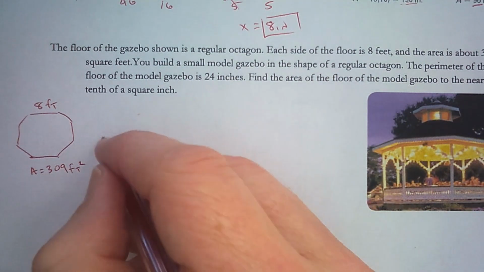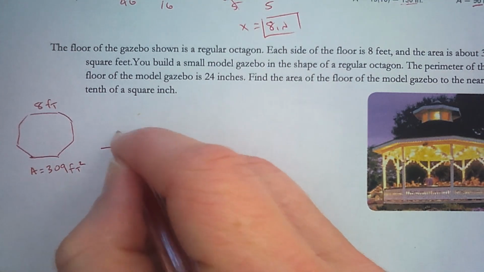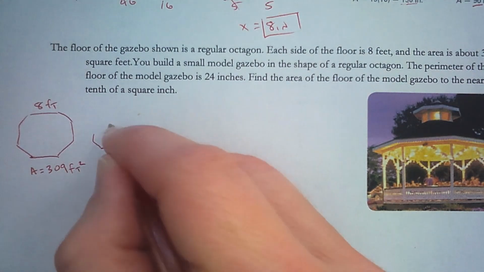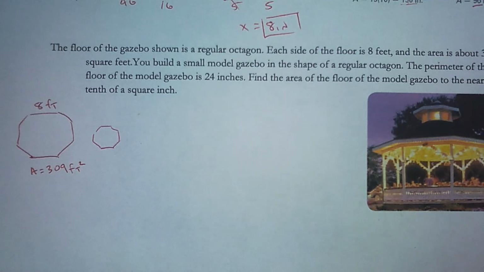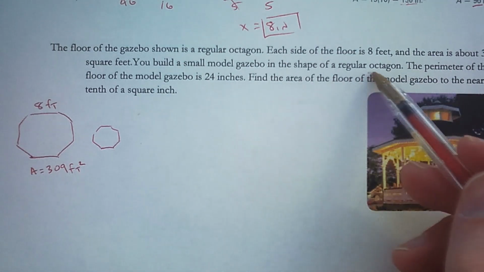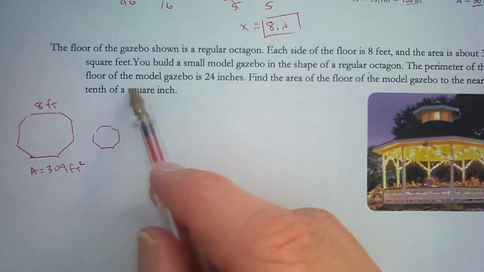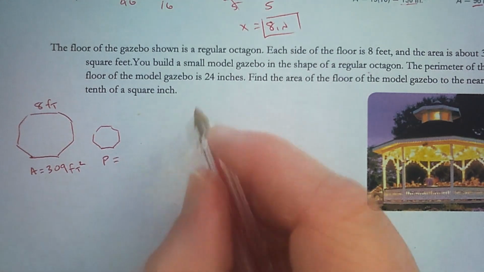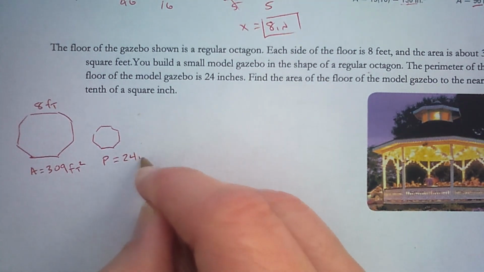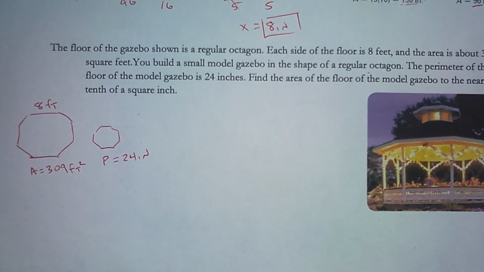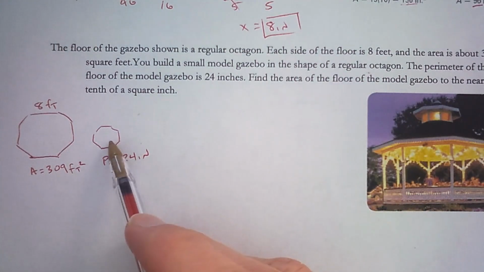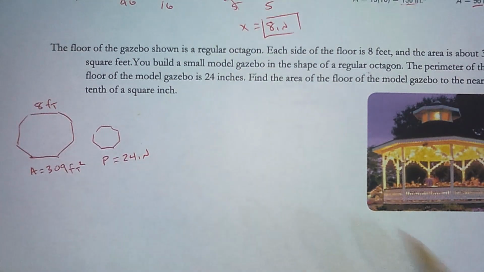You build a small model. So a smaller octagon, and it's still a regular octagon. The perimeter of the floor of this model is 24 inches. Find the area of this floor to the nearest tenth of a square inch.